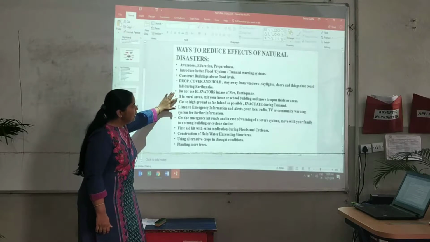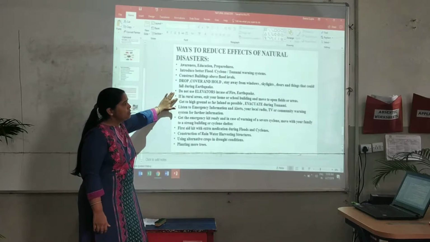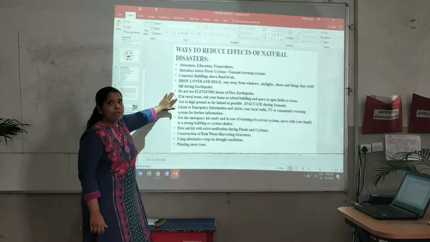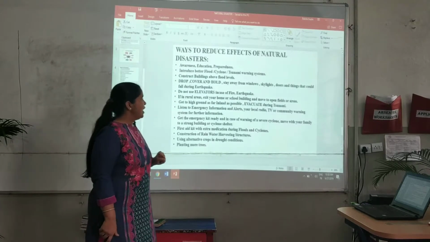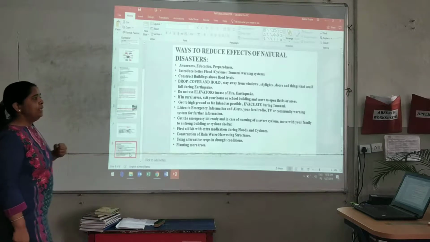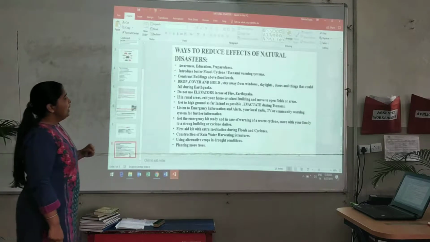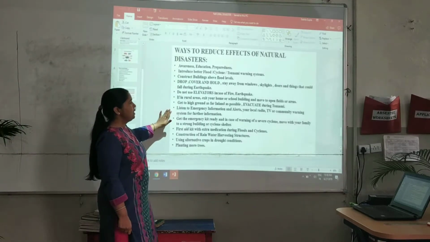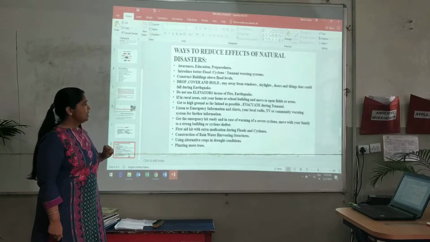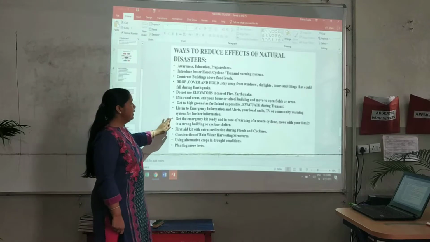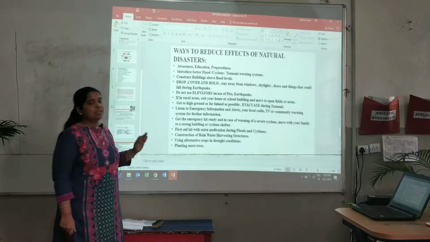If you are in a rural area, exit from your home or school buildings and move to open fields or areas. Get to high ground as well as inland as possible. Evacuate during tsunami. Listen to emergency information and alerts on your local radio, TV or community warning system for further information. Get the emergency kit ready in case of flood.